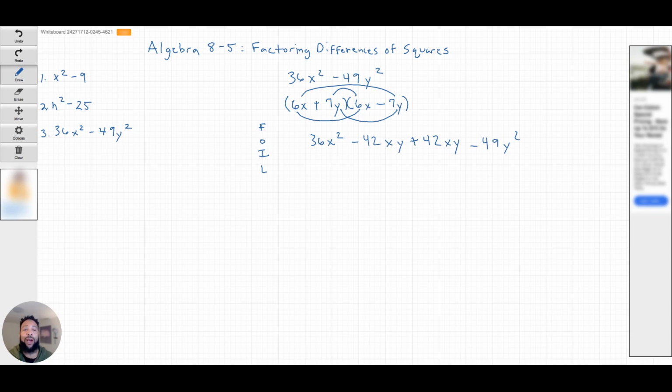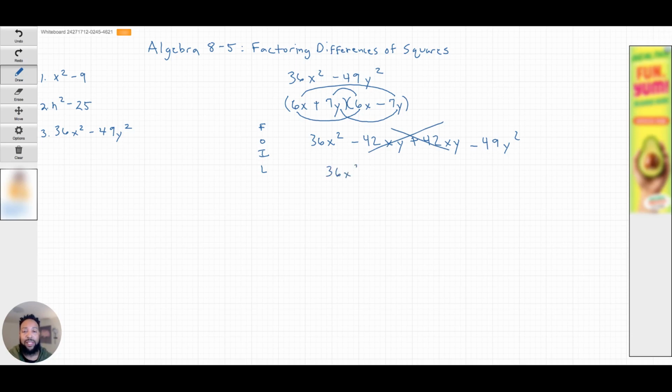Minus 42xy plus 42xy cancels out. We knew that that was going to happen, and we're left with 36x squared minus 49y squared. So this lets us know that our factors are truly 6x plus 7y and 6x minus 7y. So I wanted to be able to show you how and why it worked. This could also be written as (6x) squared minus (7y) squared.